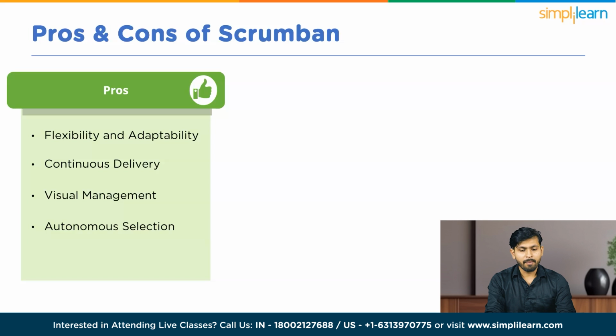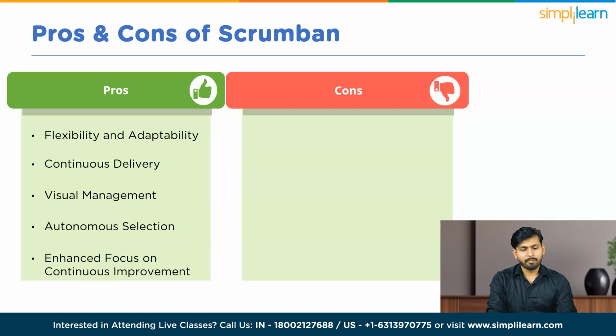This promotes a collaborative environment and efficient task allocation, thus leveraging the benefits of both Scrum and Kanban. And finally, we have enhanced focus on continuous improvement. Scrumban encourages regular feedback loops and retrospectives, fostering a culture of continuous improvement. Teams can analyze metrics and make adjustments to enhance their processes and overall performance.